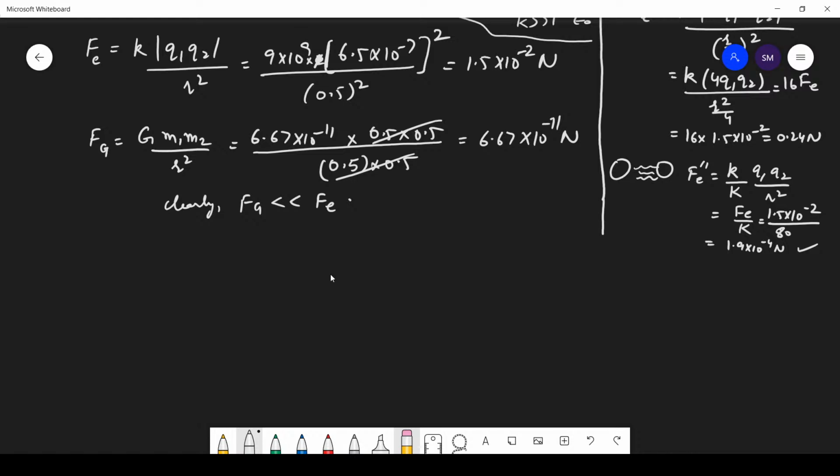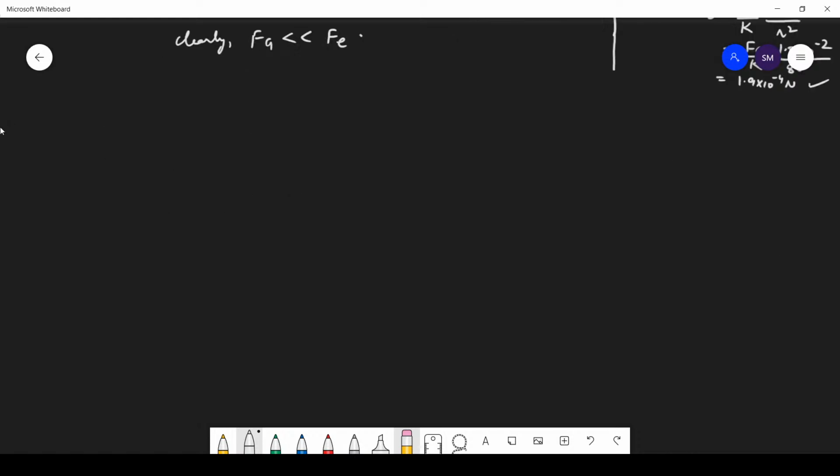Example 1.13 has A and B, which were there in the last question, with identical sizes.